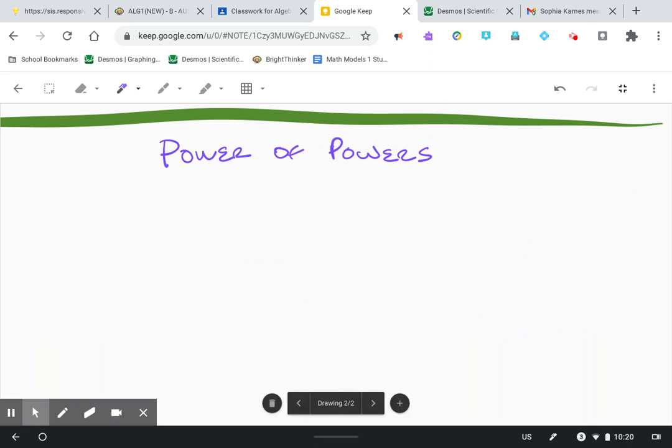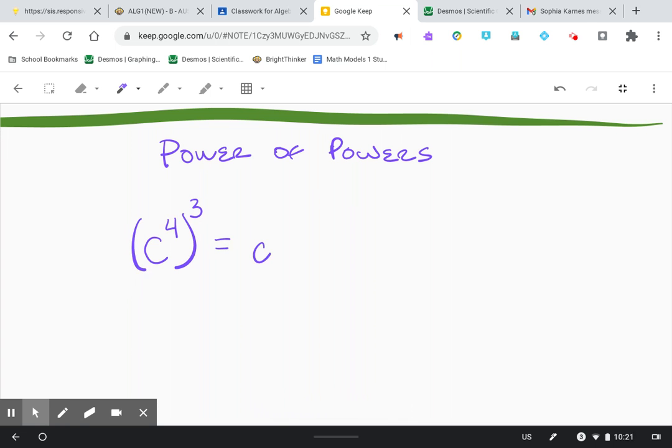Power of powers says that if I have, for instance, c to the 4th raised to the 3rd power, then what that really means is c to the 4th times c to the 4th times c to the 4th. And I could even expand that further to say this is c times c times c times c, and this one is c times c times c times c, and this one is c times c times c times c.